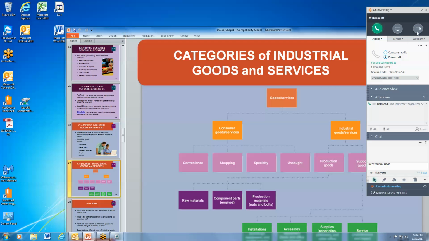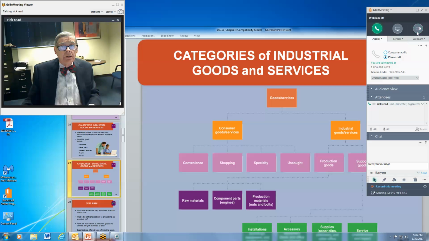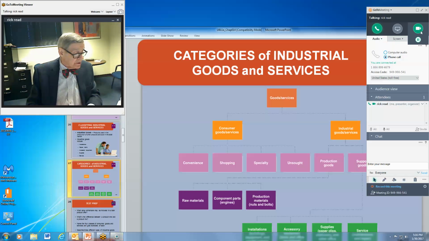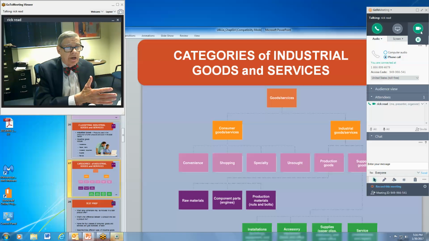Now, this particular slide, and you can see this in your text, figure 14.2 at the top of page 397. These are different categories of industrial goods and services. And notice we have consumer goods on the left. I don't know how well you can see it. You can see it very well in the textbook.